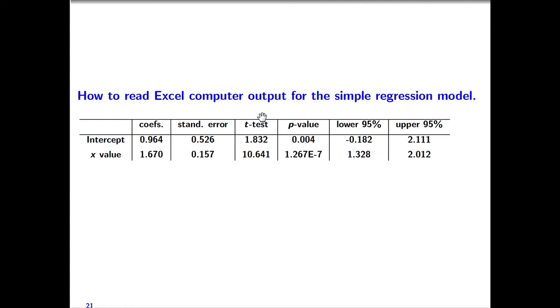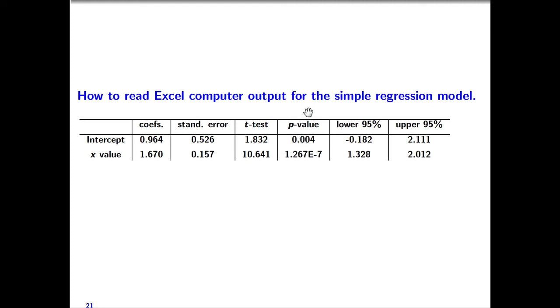Now, this t-stat will be our test statistic. So for this beta 1, when we do our hypothesis testing, this will be our t-count. So it's 10.641, and this is for our y-intercept, and this is 1.8312.